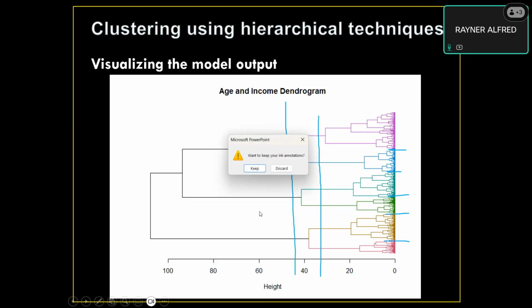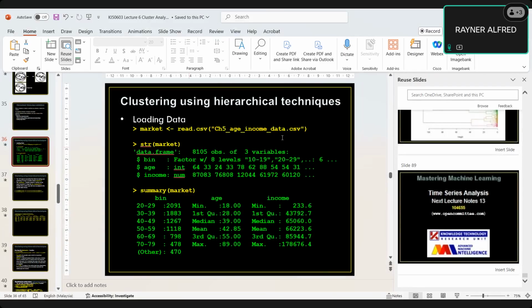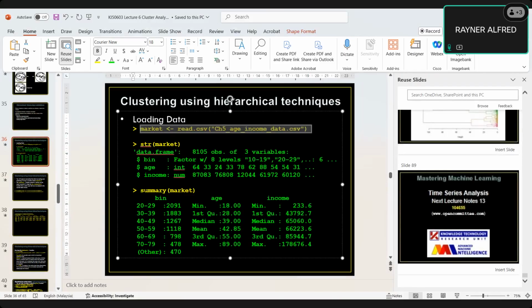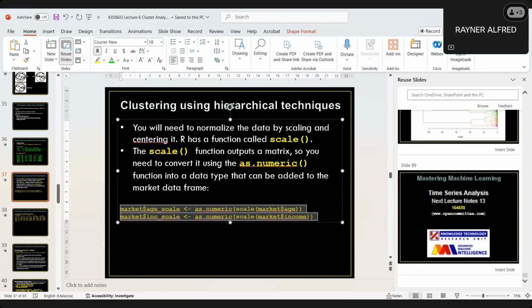So if we illustrate this in the real world, for example, I go to here, then I just repeat this. I read this from my directory, and then I just do the scaling. Now, if I look at my structure, zoom in.